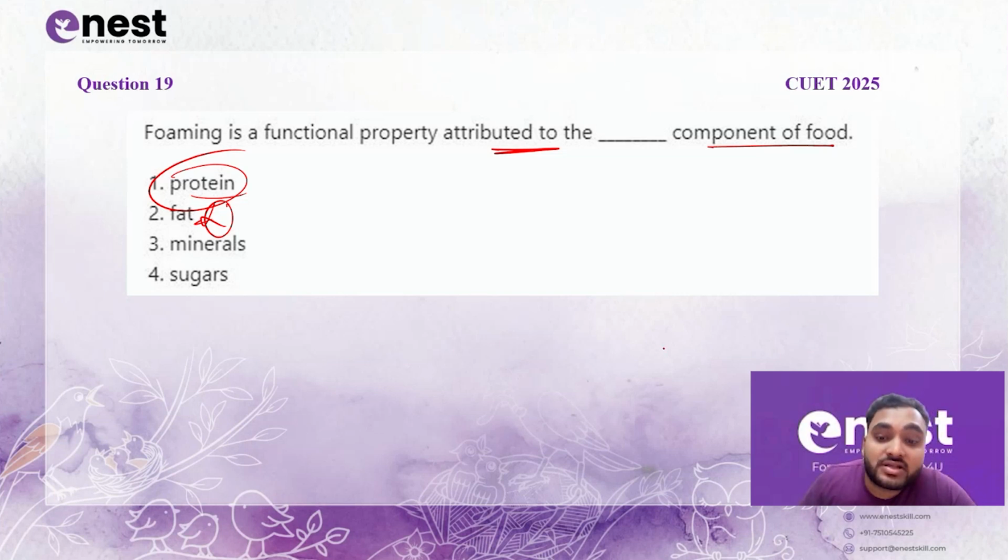Hydrophobic groups will orient towards the air and hydrophilic groups will orient towards the water. This forms a viscoelastic film over the surface which is able to hold the foam together. Common examples, let's say whey, egg, casein, all these are often added in food to help stabilize the foam. Coming to the next question.